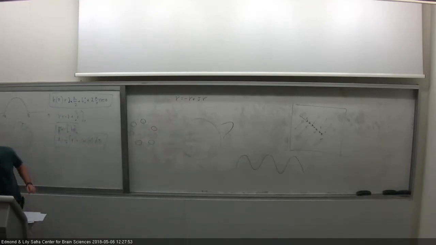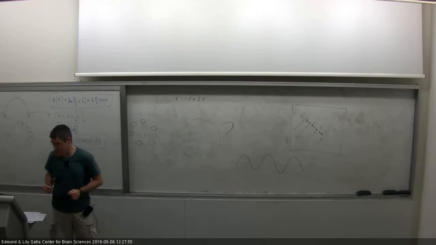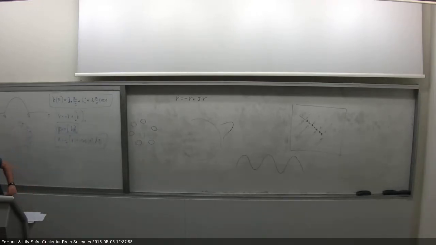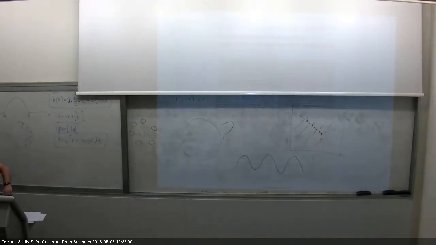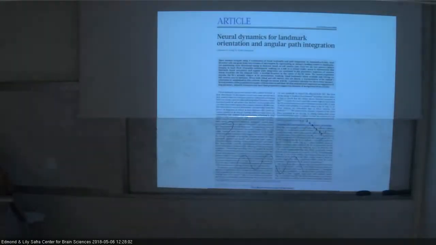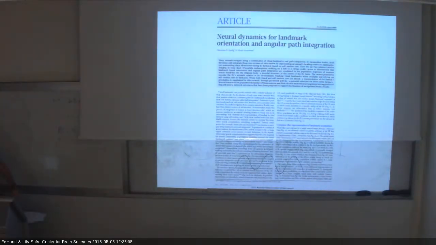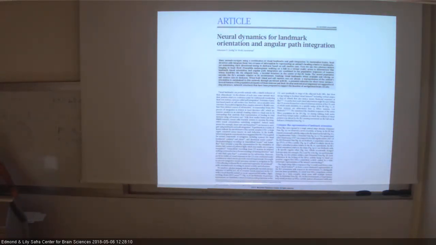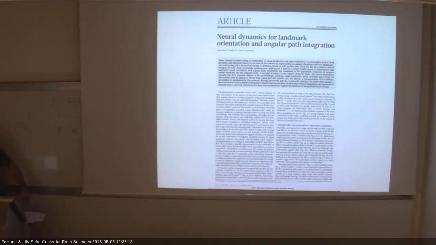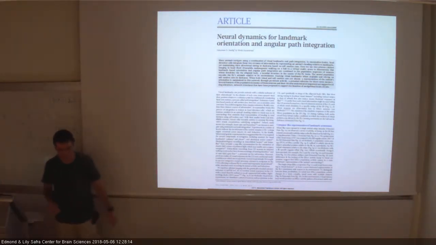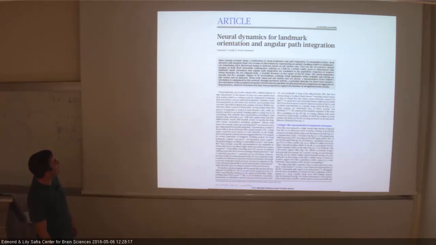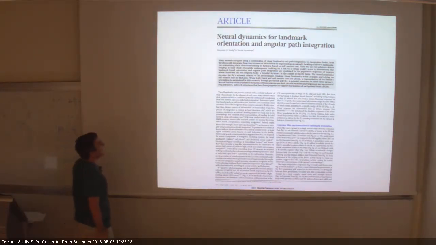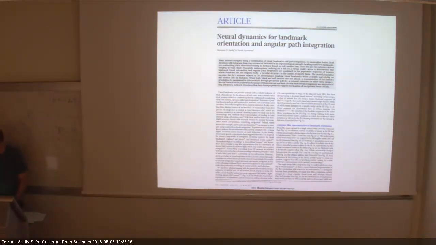So the ring model was developed to explain selectivity in the cortex. However, several years ago, in 2015, this paper came out in Nature talking about orientation selectivity and angular path integration in flies.